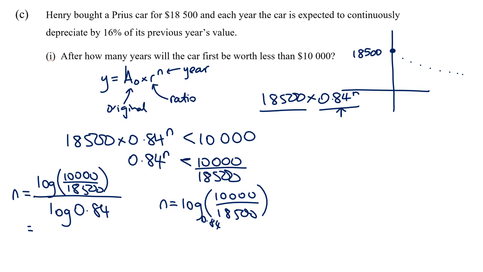Therefore, n has to be more than 3.53. Happy with that?